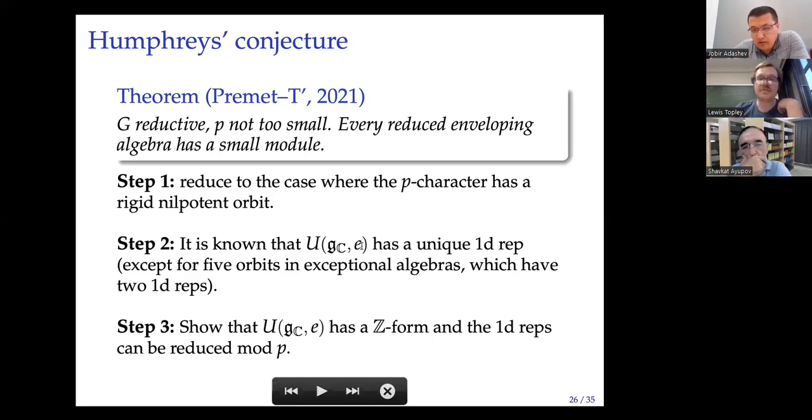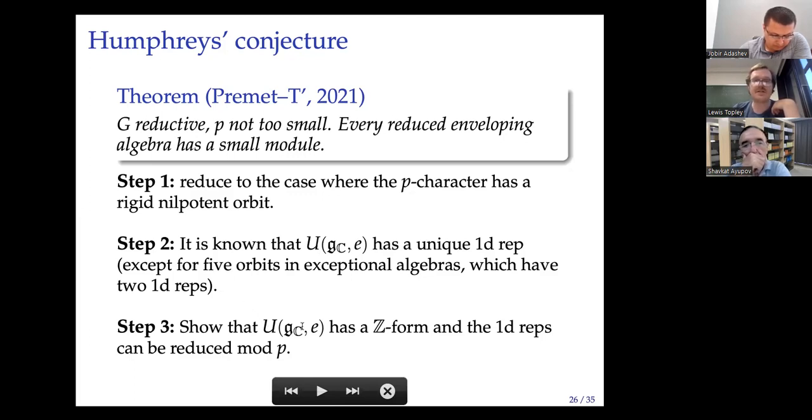Now, for U(g,e), through a huge amount of work by many authors, it was known that there was a unique one-dimensional representation in the rigid case, except for 5 orbits in exceptional algebras. The main names in that theorem, by the way, are Premet and Losev, and some early work by Goodwin, Röhrle, and Ubly. And there are these interesting exceptions in the exceptional algebras.